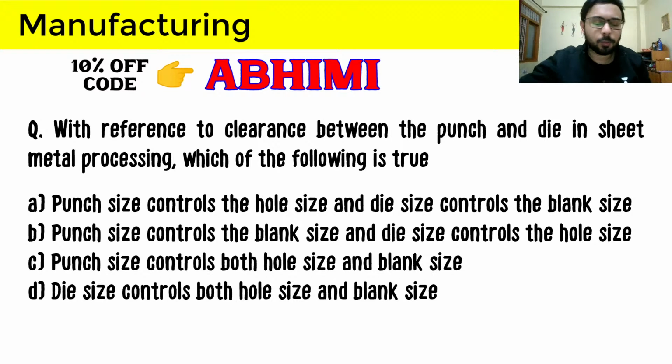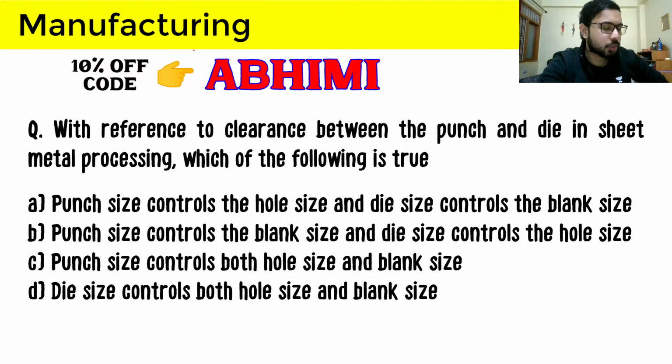With reference to clearance between punch and die, there will be clearance between punch and die for clean and easy cutting of discs or blanks, or removal of that part to create the holes.